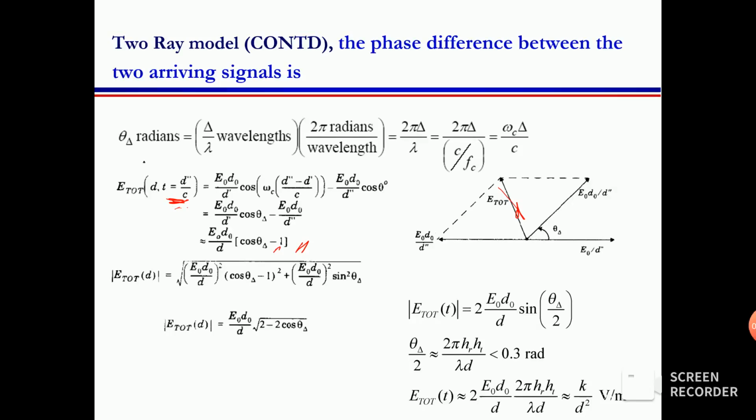If I compute it, E total is going to be 2 E0 d0 by d sine theta delta by 2. So this is your electric field. And for theta delta by 2, if you replace your formula, then I get this E total.